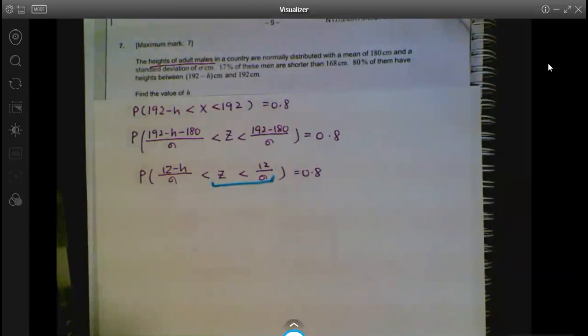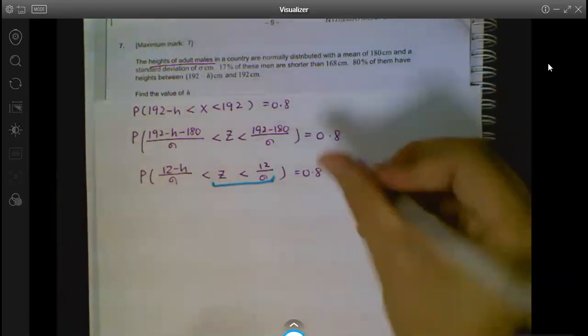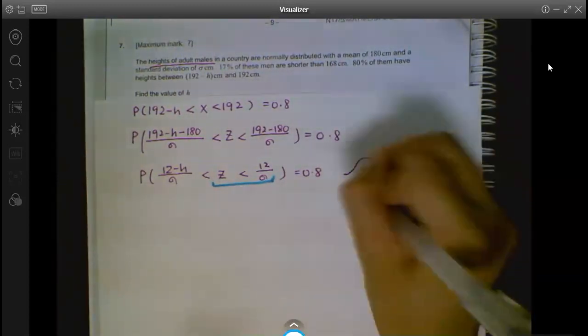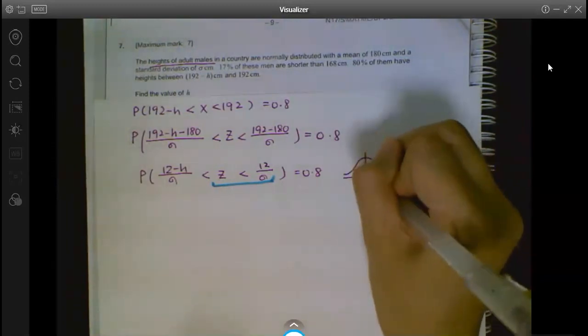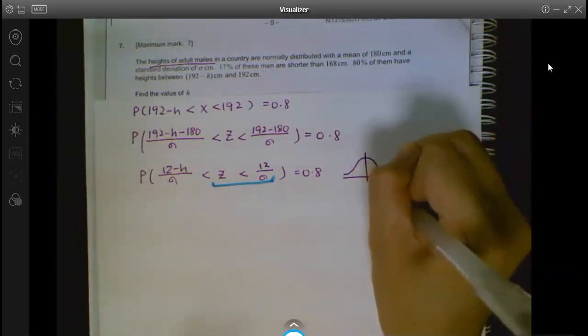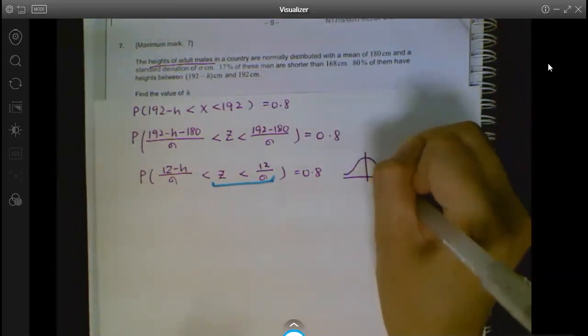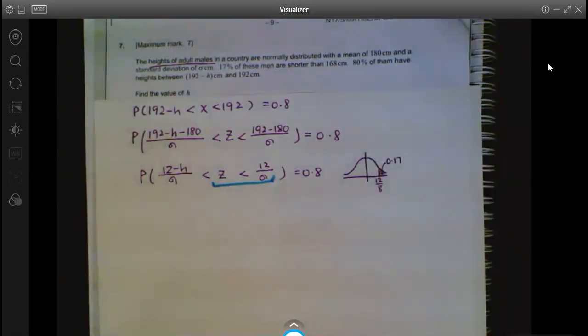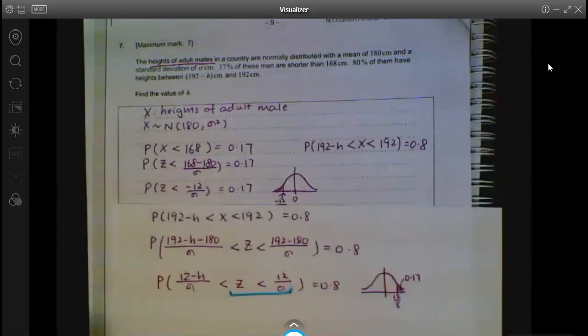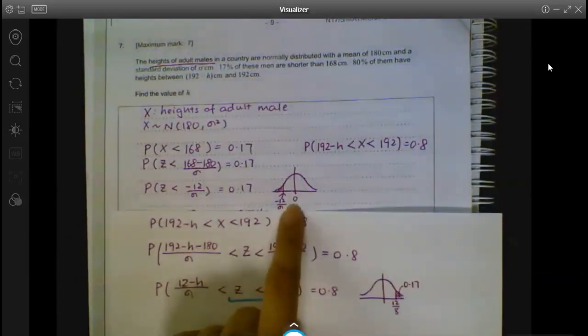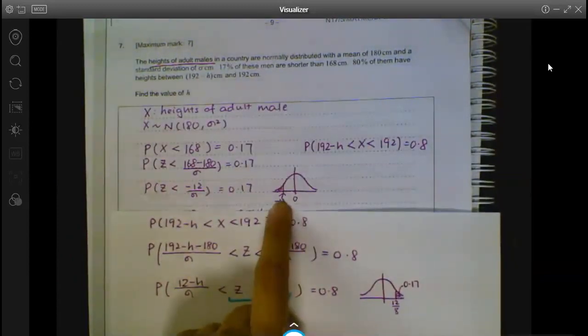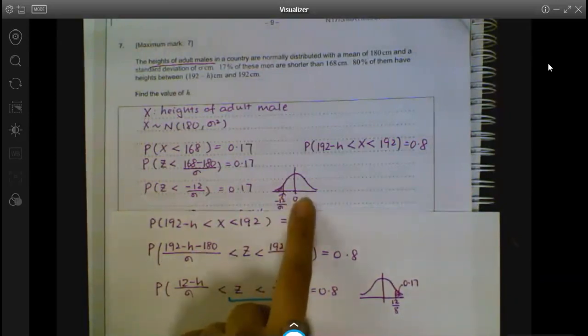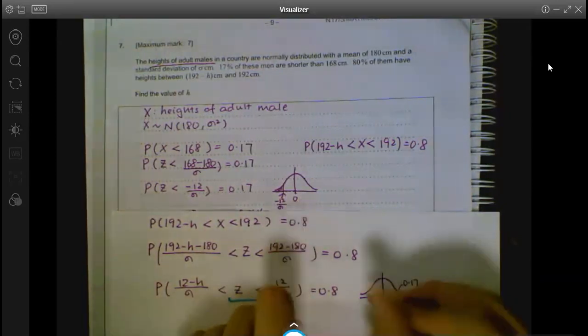What does that mean? If we were to draw a little sketch, we'll know that if this is 12 over sigma, this part will be 0.17. Okay, because the reflection, since this is standardized, this will be 0. So when this number is reflected, it will be the exact same area.